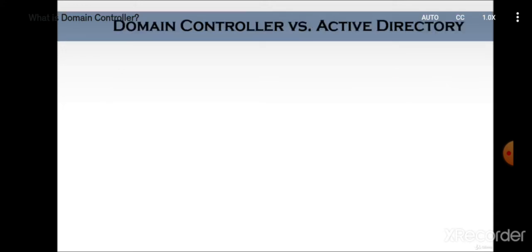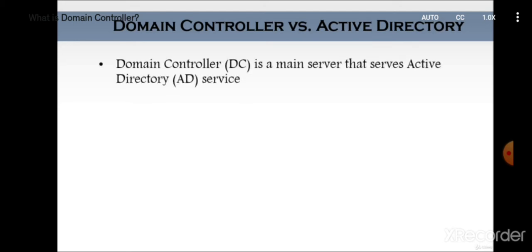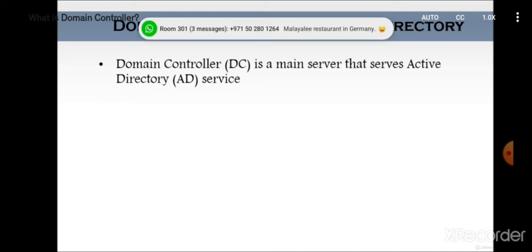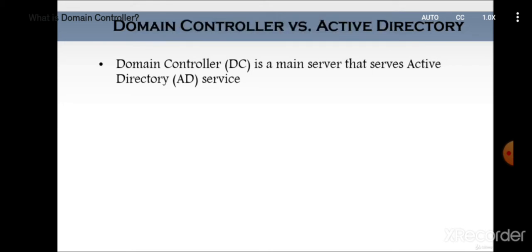So let's talk about domain controller versus the Active Directory. A domain controller is a main server that serves Active Directory. Now, I know a lot of times people do confuse domain controller with Active Directory. So please clarify this. Active Directory is not a domain controller. However, you do need a domain controller to have an Active Directory.